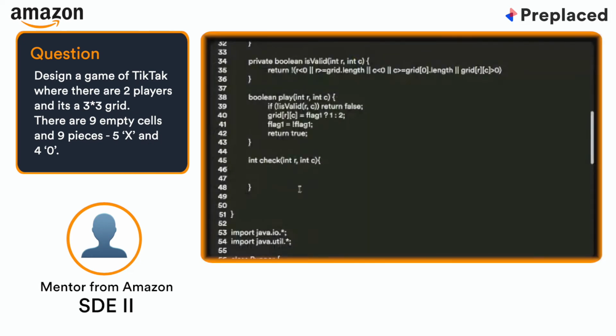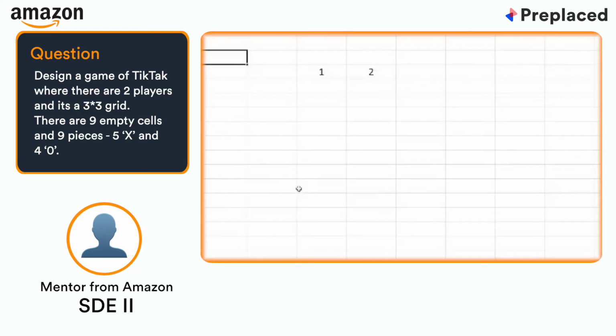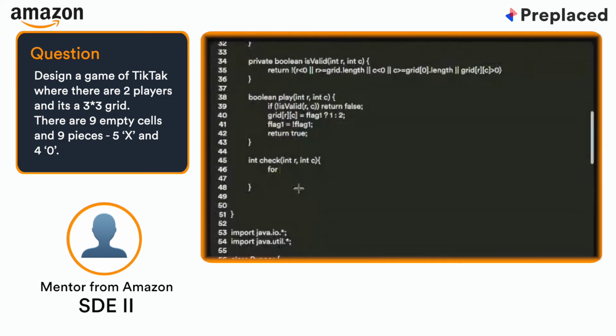Okay, so check. First I have to check horizontally. So I'll just say for int i equals 0, i less than, I'm just writing it right now, i plus plus.